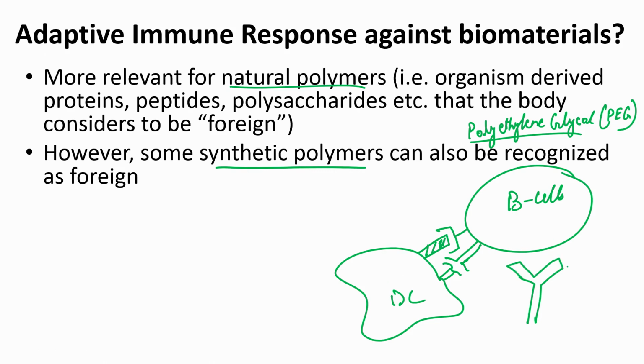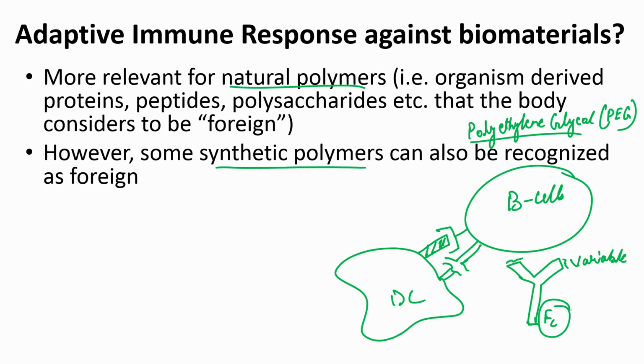I will probably talk about it more in further classes, and so this is an FC region and this is a variable region. So these proteins can then go ahead and get recognized by these variable regions. So there are several of them, and this FC is a signal, it is a red flag as I was saying.